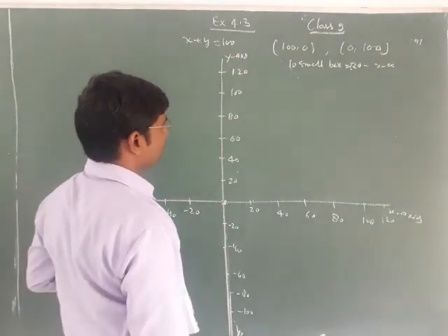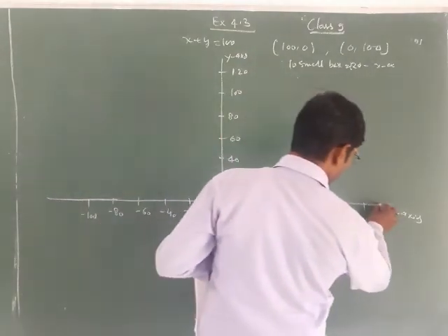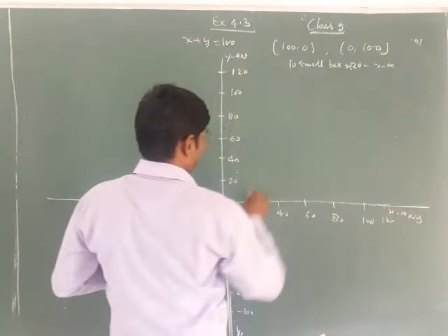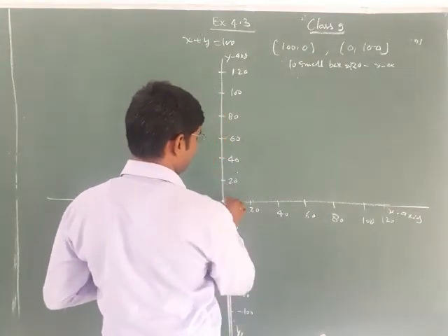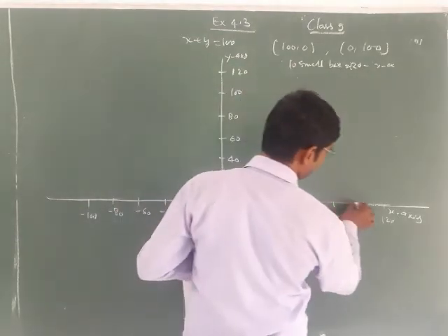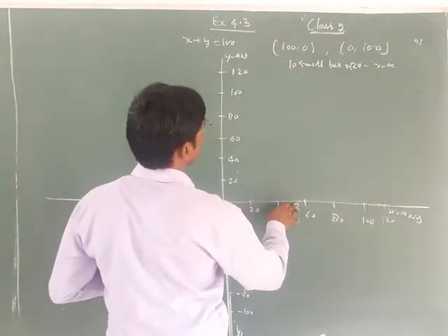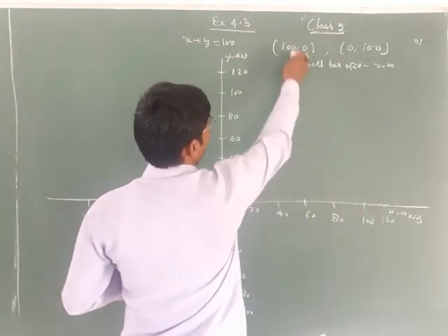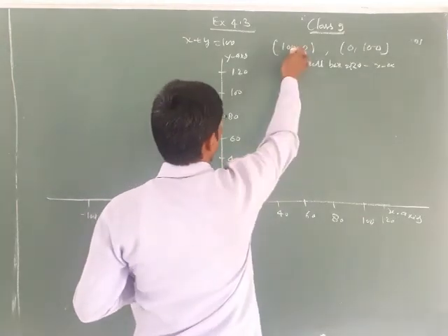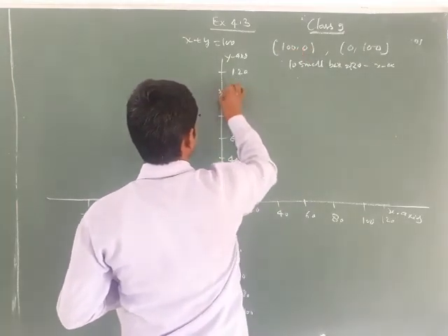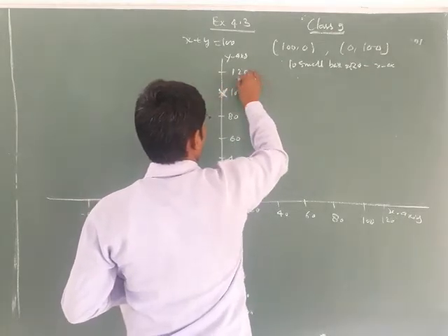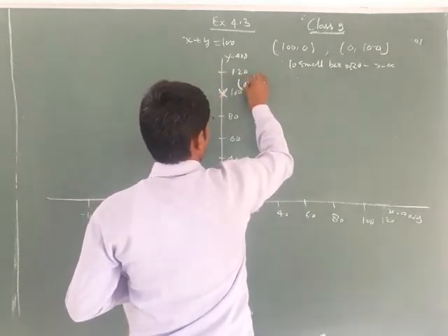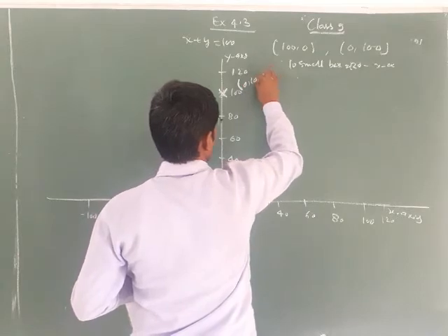Now when x is equal to 0, y is 100, so this is 100. So it cuts at 0, 100.